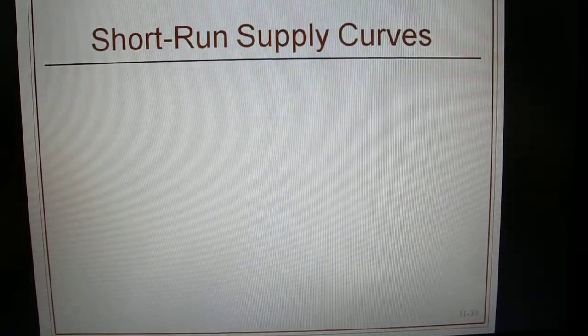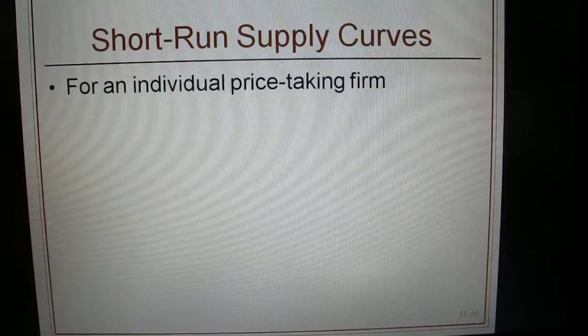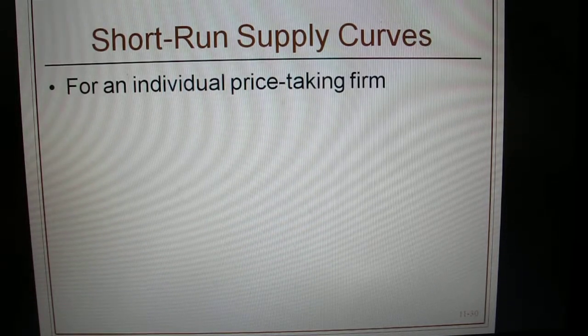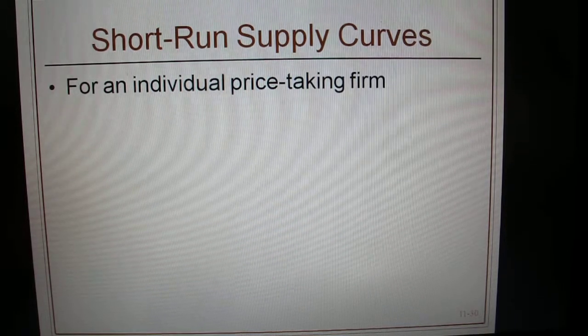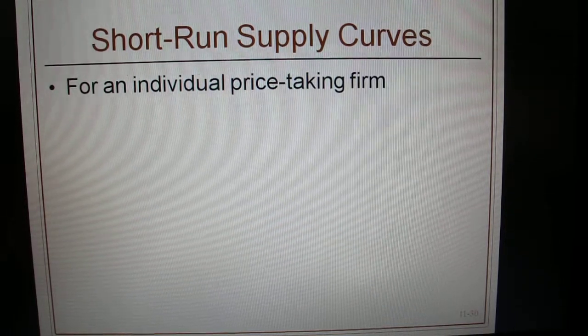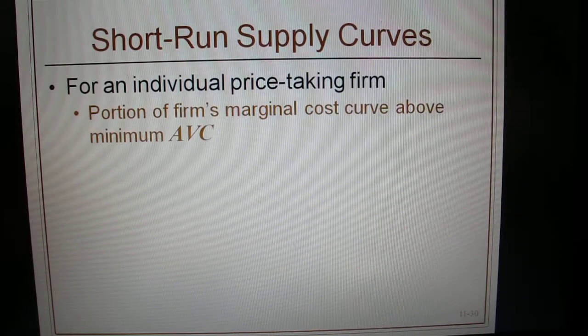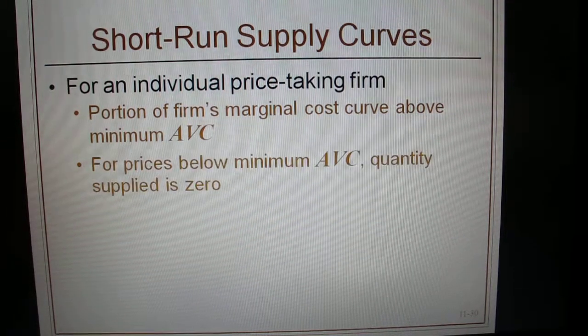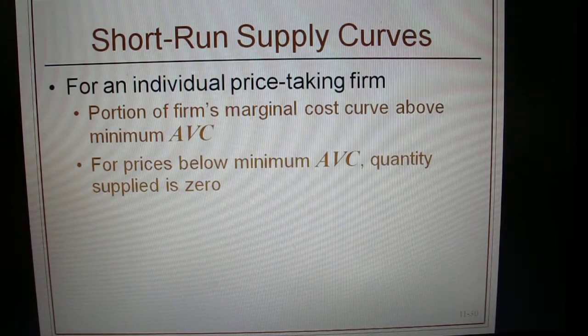So how do we get to our supply curves? For an individual price-taking firm, the portion of the firm's marginal cost curve above the average variable cost is going to be that supply curve. And for prices below that average variable cost, quantity supplied is 0.